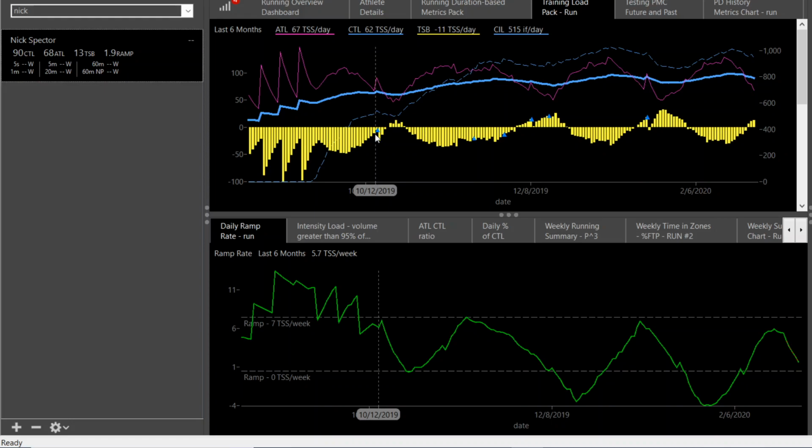And that's another point I haven't made so far in the entire series. For this to be accurate, you have to have all of your runs. If you're missing using power on some of them, you somehow got to get that running stress score in there, some way of getting it in there, and there are ways of doing that.